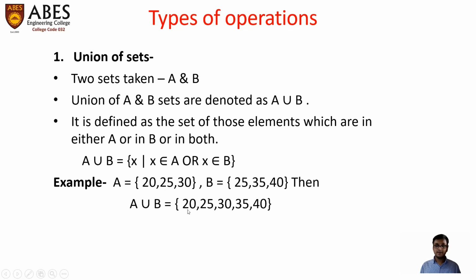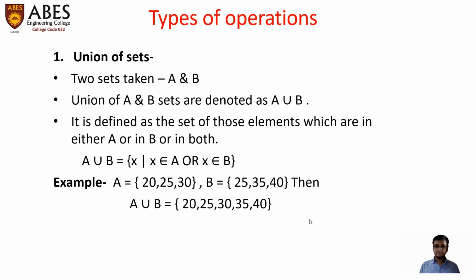The remaining elements are from set B. The common element 25, which is present in both sets A and B, is written a single time. We have to keep in mind that common elements should be written only once, not multiple times.